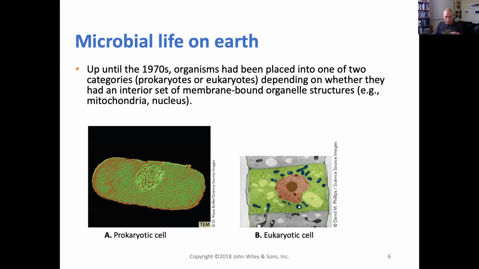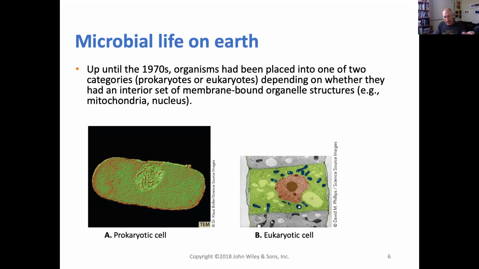All right. Now, there was another major step that happened during life on Earth, actually more than one, but I'm just talking about this one for now, which is that pretty much all life on Earth, until recently, we thought fit into one of these two types.